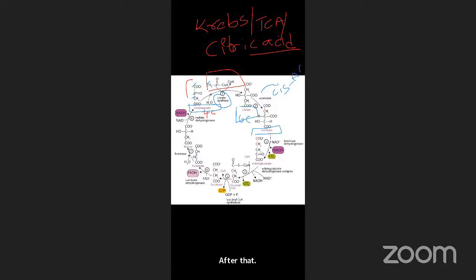Cis-aconitic acid also. Next, isocitrate. First, from the citric acid, by loss of a water molecule, cis-aconitic acid is formed. And again, by gain of a water molecule, isocitrate is formed.